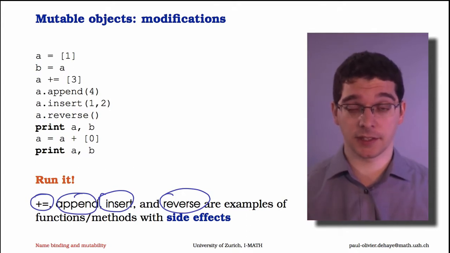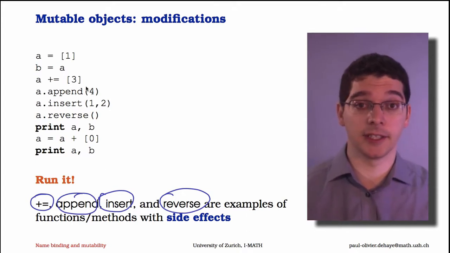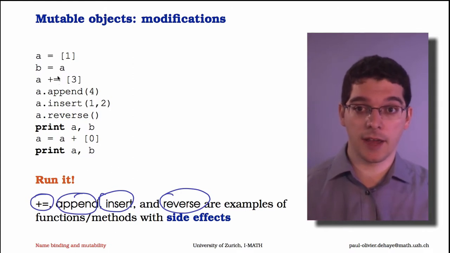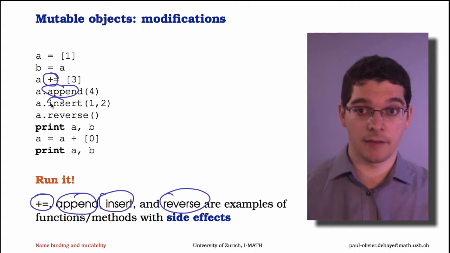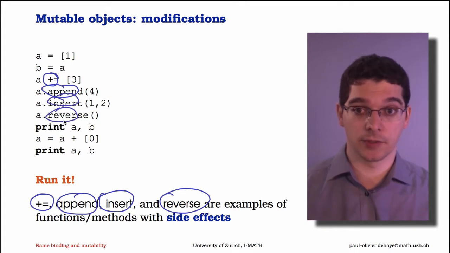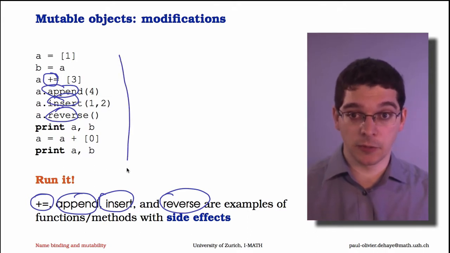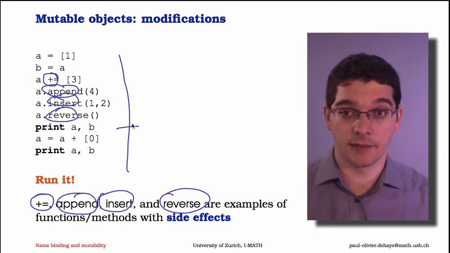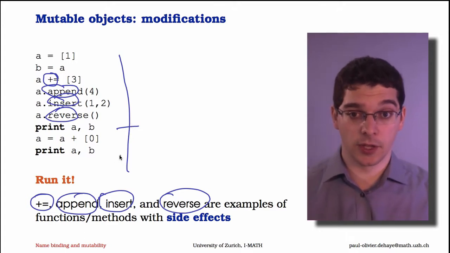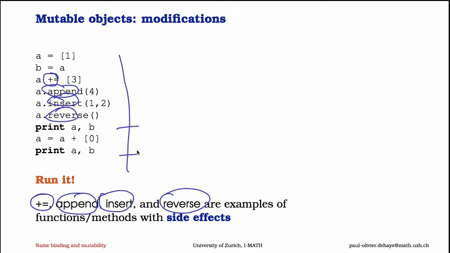So to illustrate this, I've concocted a little example where I have some augmented assignment, I have appended some stuff, I have inserted, and I've done a reverse. And you should think a little bit about what this program will do and try to predict what the output will be at the end, and also here. So let's run this example and let's see what happens.